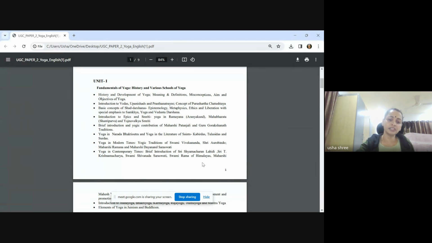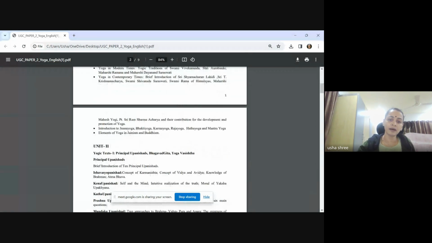Then we have Maharishi Mahesh Yogi, followed by Sri Ram Sharma Acharya, and their contributions for the development and promotion of yoga. So starting from Maharishi Patanjali until Sri Ram Sharma Acharya ji, you will see that it is only about the life history and their contributions or work towards yoga.